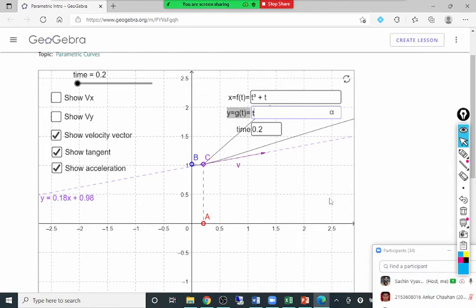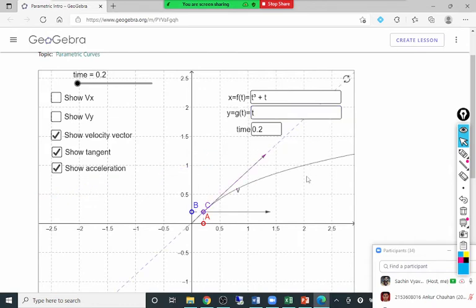Let me see what happens. Okay, so the curve goes like this, but I want... what happens now?